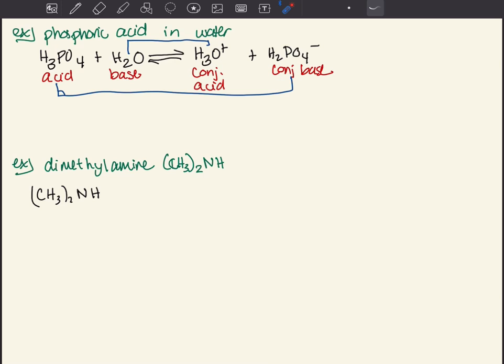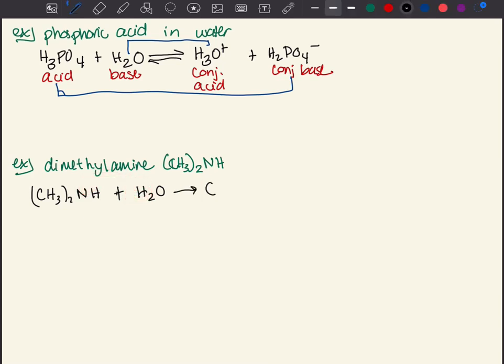So these molecules will act as a base. This proton right here is not ionizable. If you had another proton on there, then it would be ionizable, but we don't, so it's not. So in water, water is going to give its proton to the nitrogen.